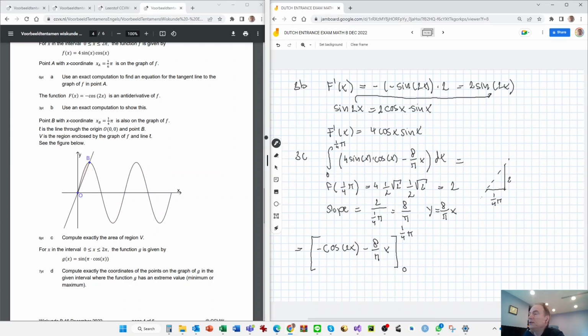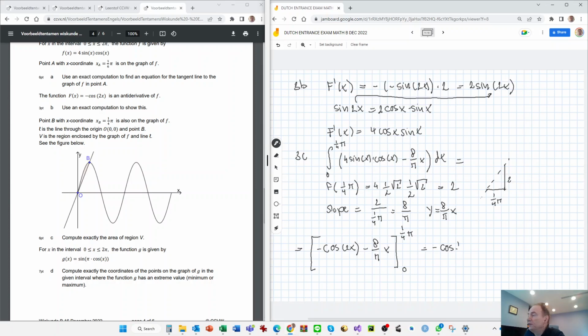This should actually be a positive number, but let's see. So I get minus cosine of a quarter pi, of a half.